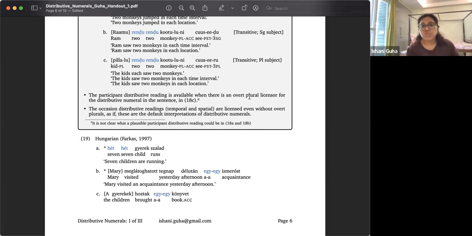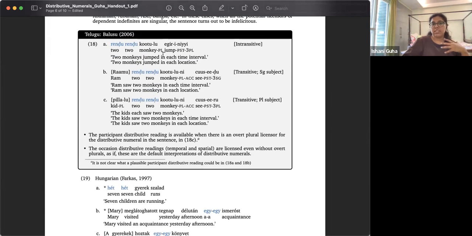The occasion distributive readings, that is the temporal and spatial distributivity, are licensed even without a plural in the sentence, right? That is when there is no other noun phrase, so intransitive, or there is a noun phrase, but it is singular, right? So even in those cases, you get the occasion distributive reading. Okay.